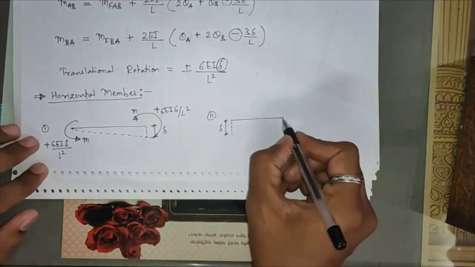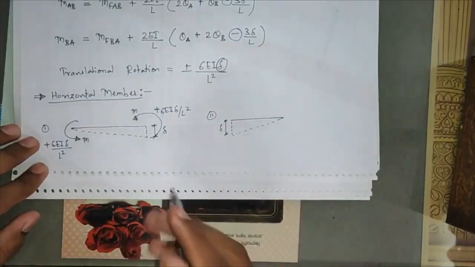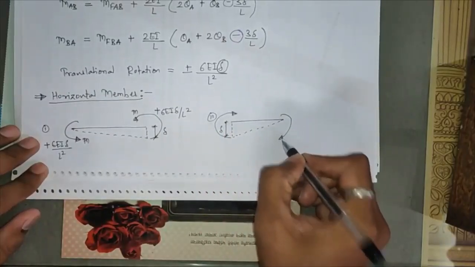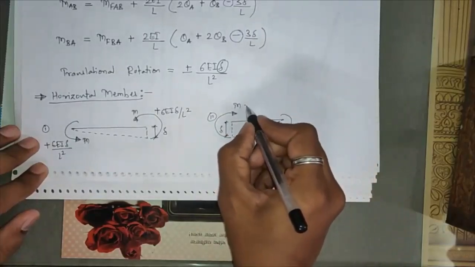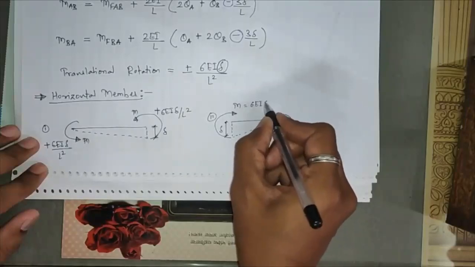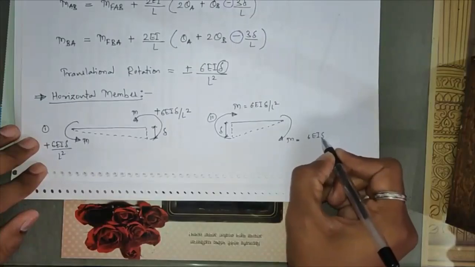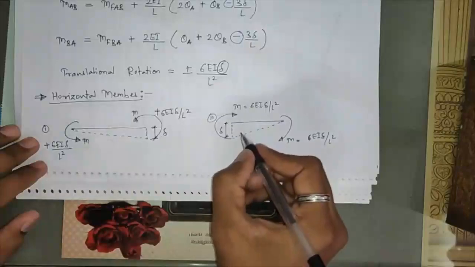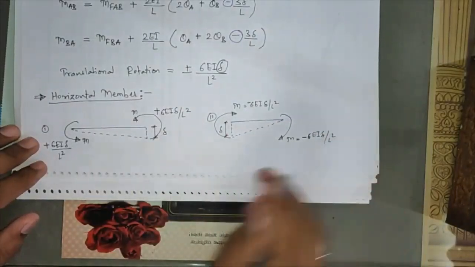This member will be deflected in this way, due to which translational rotations will again be induced. These rotations will be clockwise in nature, of intensity M equal to 6EI delta upon L square at both ends. Now these are clockwise, so we will treat them as negative.